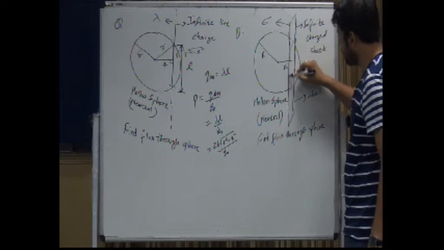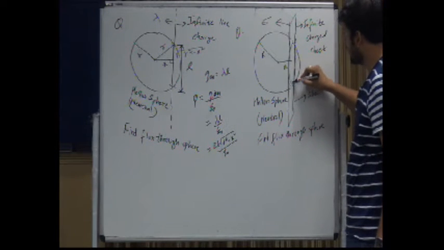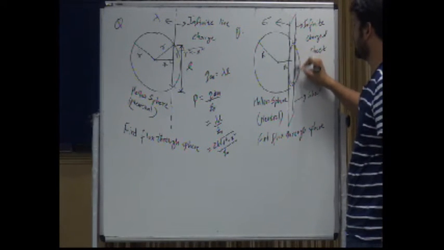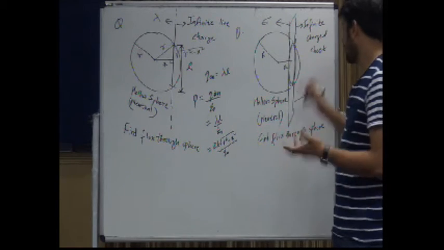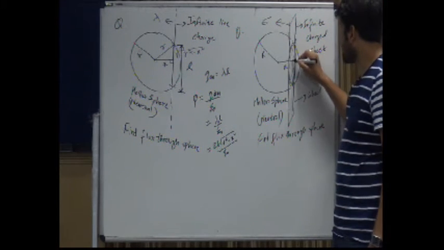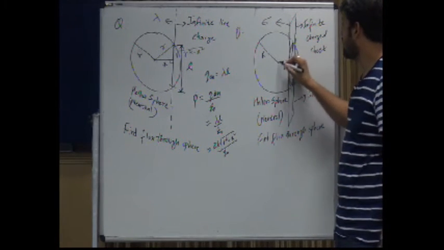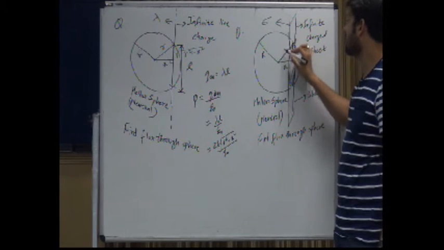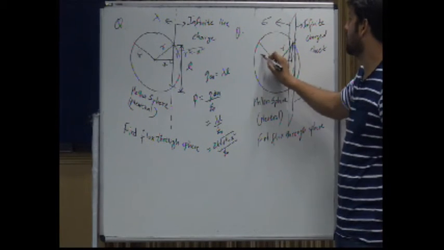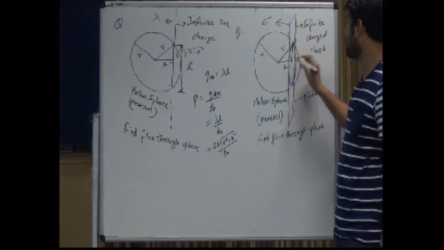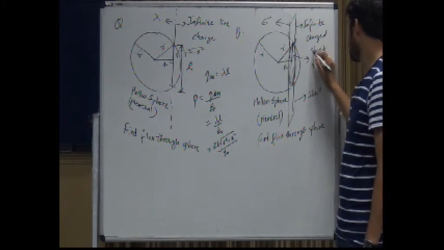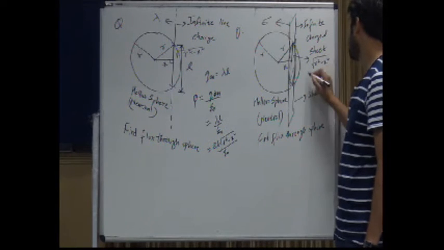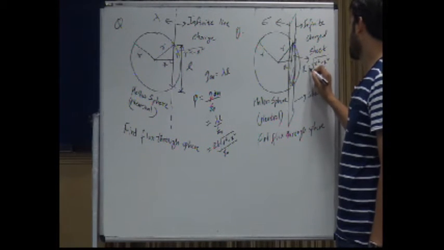This portion of the sheet would be included in the sphere. It would look like a disk. What would be the radius? This is R. So the radius of the disk would be under root R square minus X square. Let's call it capital R.